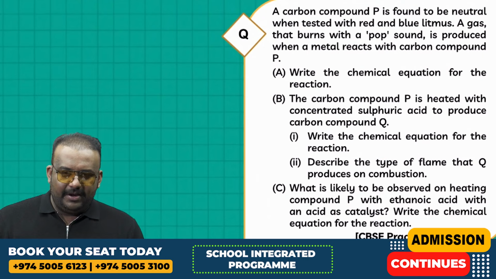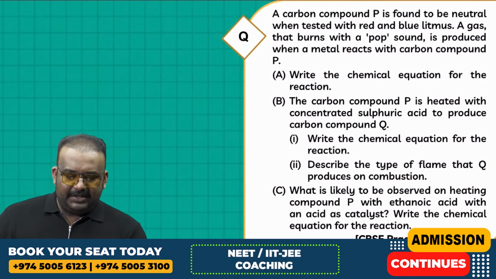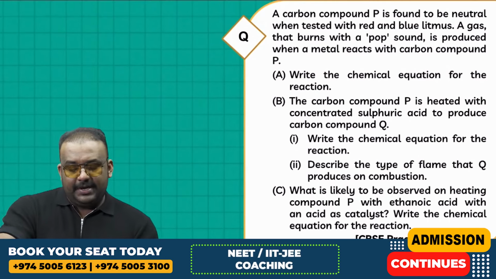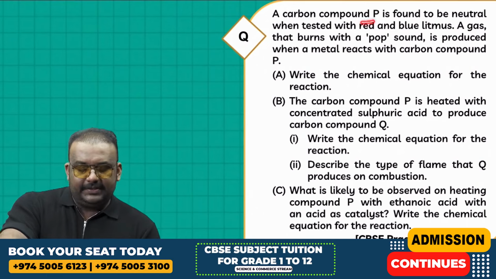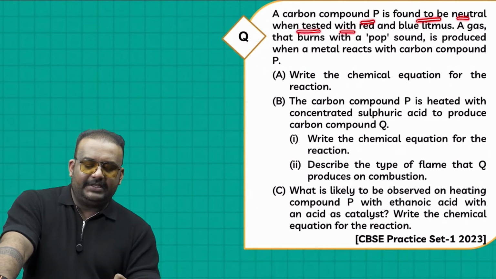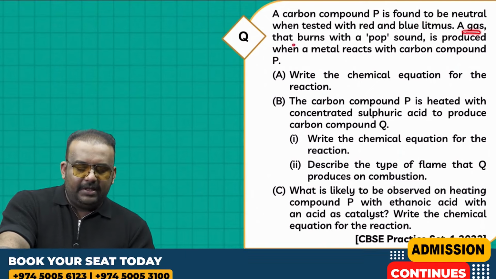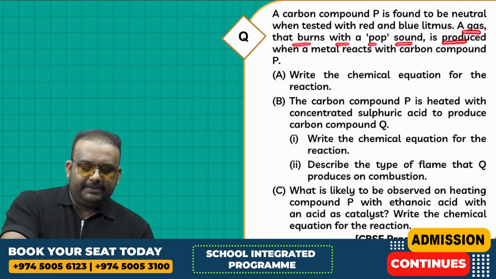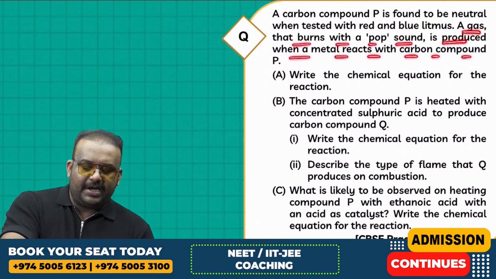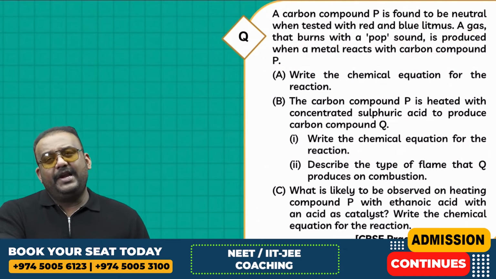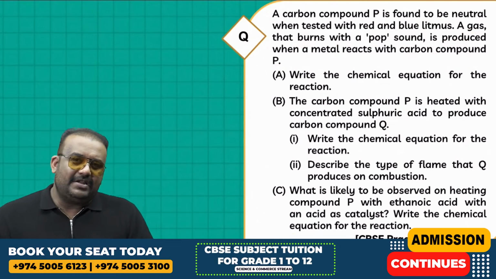Again, a bit longer one, but it's an easy question. A carbon compound P is found to be neutral when tested with red and blue litmus. A gas that burns with a pop sound is produced when a metal reacts with the carbon compound P. See, when we read this much, we get the hint.